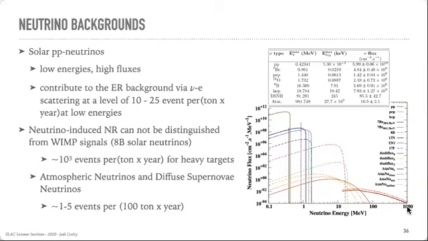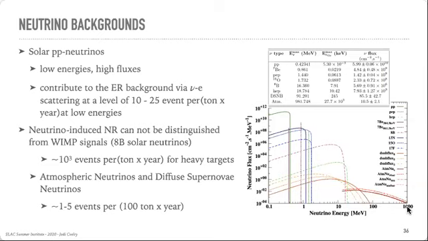You also can get neutrino-induced nuclear recoils. And remember, nuclear recoils can't be distinguished, right? WIMPs, neutrinos, neutrons, they all look the same in your detector. In particular, it's this boron-8, which is this guy here, that we worry about most. This is the first one we're going to see in our detectors because it's the highest.